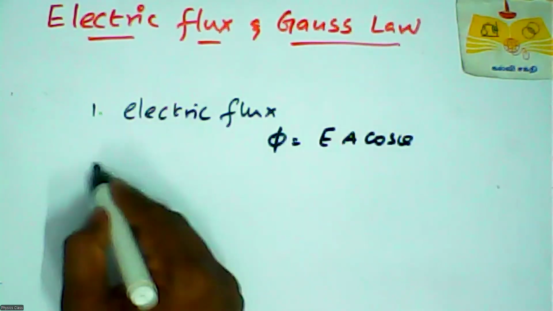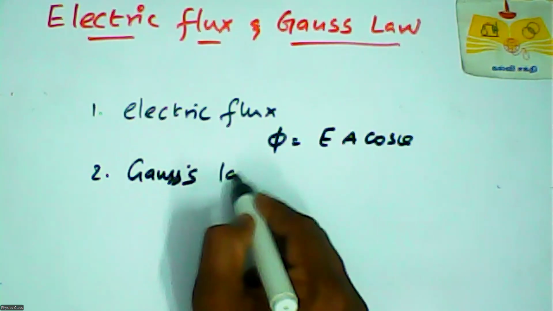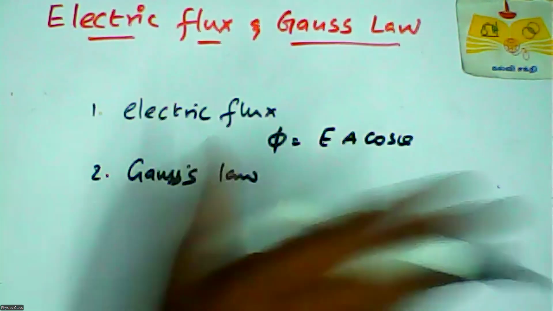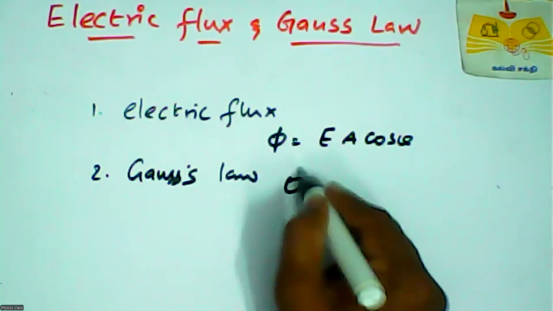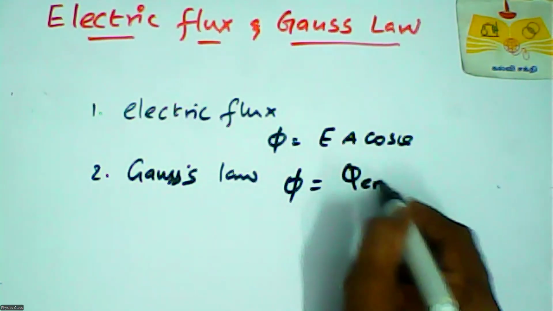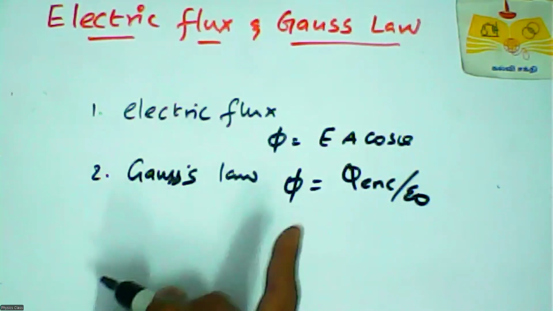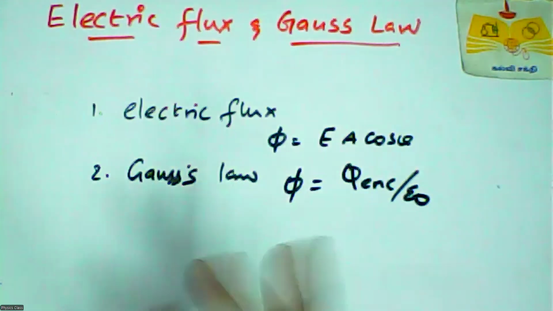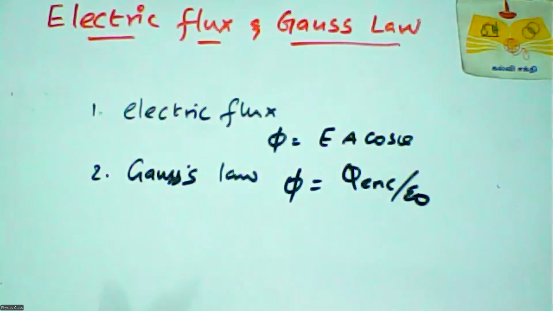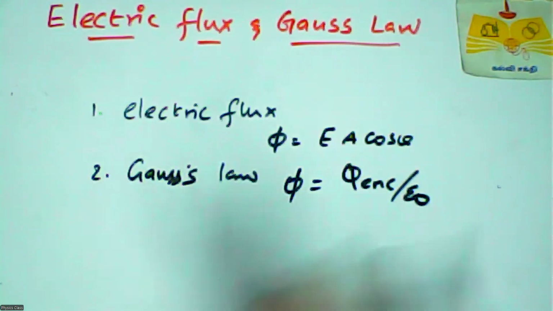Second, Gauss law says that the total electric flux through a closed surface is directly proportional to the enclosed charge, that is phi equals Q enclosed by epsilon naught. Gauss law is a powerful tool for calculating electric fields, especially for systems with high degrees of symmetry. The total flux depends only on the enclosed charge, not the shape or size of the surface.